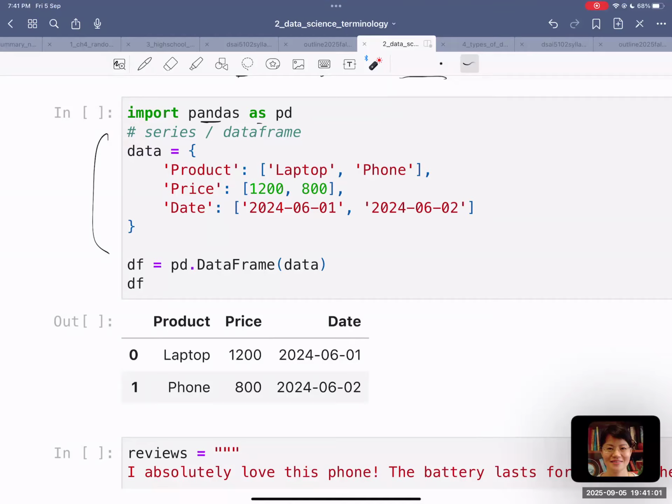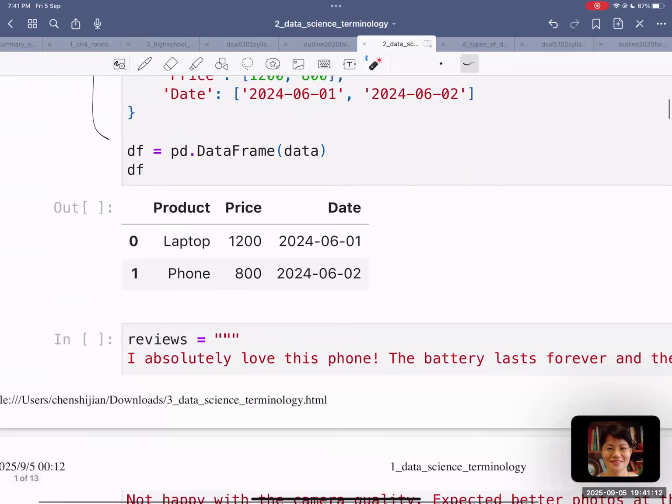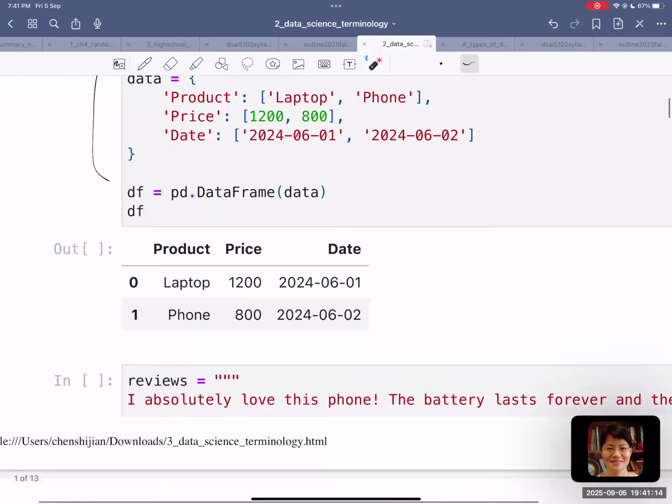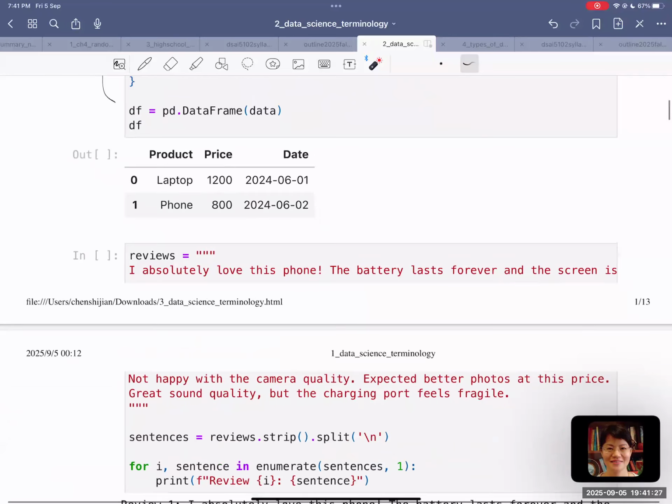Then we can use the data, and DF just means data frame. Out means the results. For example, here it shows the product price and the date. It also contains the reviews, and it shows you more things. When you do something, you can give some wording or a command.